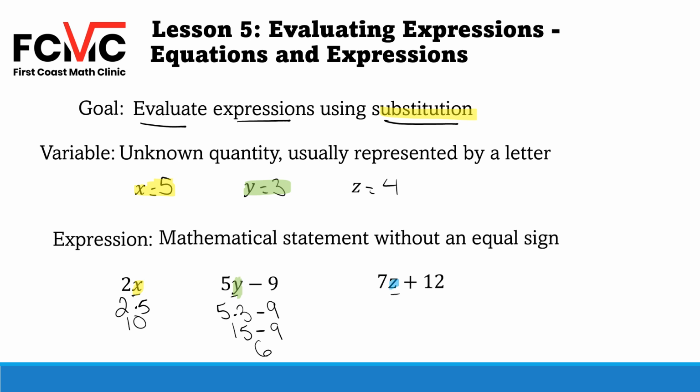We know z is 4. So I'm going to have 7 times 4 plus 12. 7 times 4 is 28 plus 12, and we get 40.